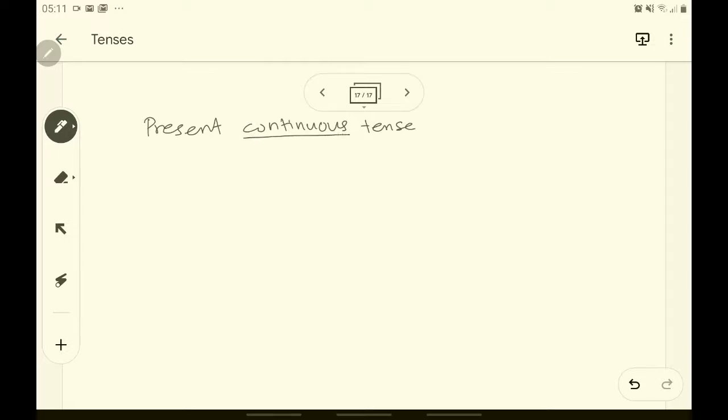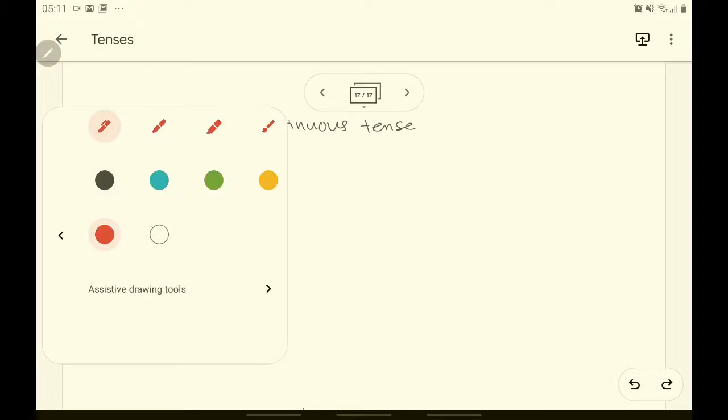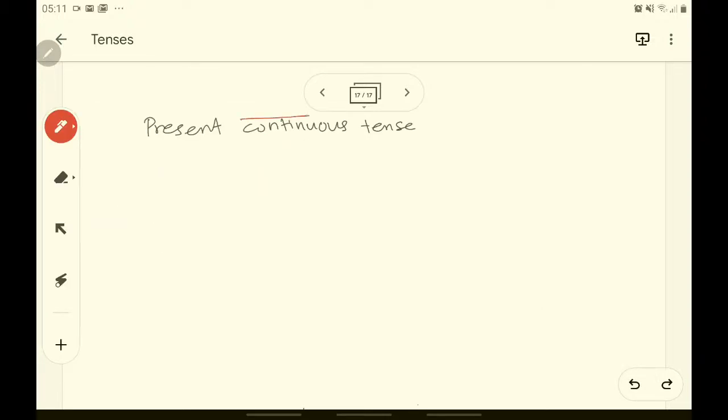When we talk about continuous or progressive, we are actually talking about a specific time, right?